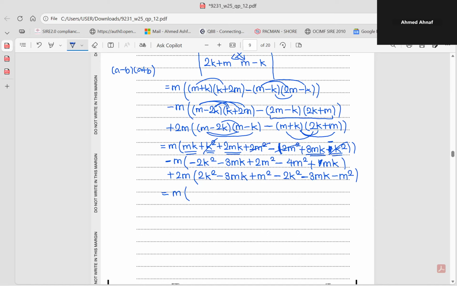So we only have the mk terms, so 6mk. And then we have minus m times the k squared terms, this is the only one, minus 2k squared. And then mk, we have minus 3mk plus mk.